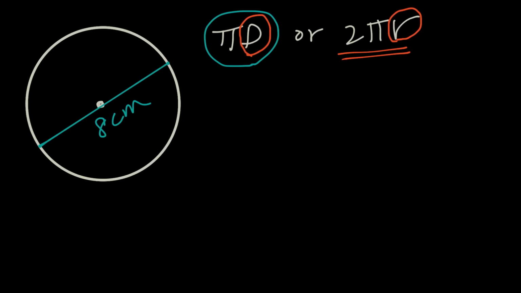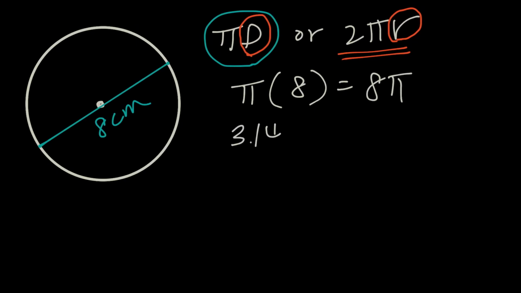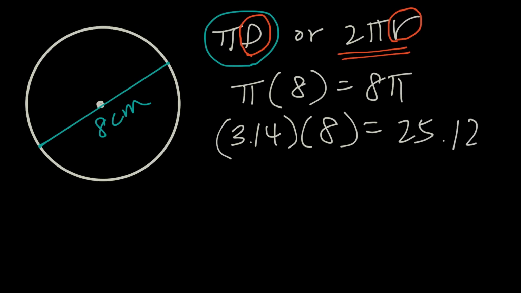So you could simply take pi times 8, so that equals 8 pi. As we know, pi is 3.14, so we have 3.14 times 8, and that equals 25.12 cm.